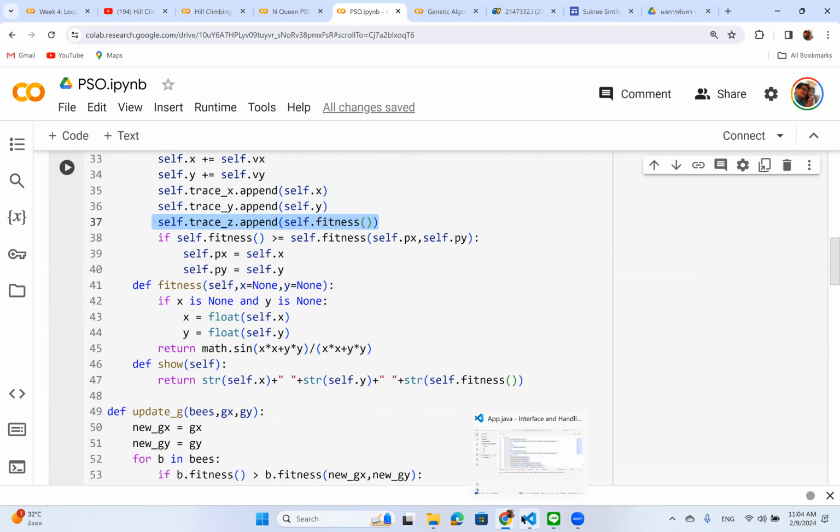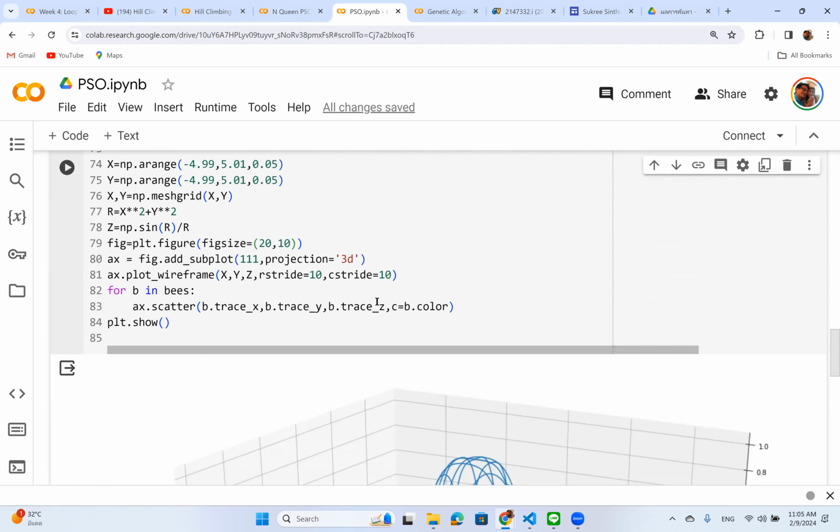Okay. For the fitness, I use something quite simple, math dot this one.